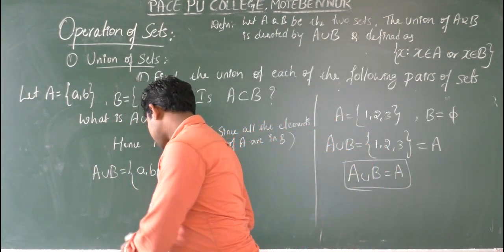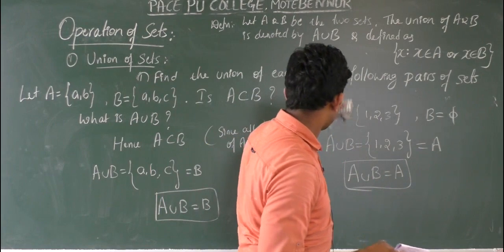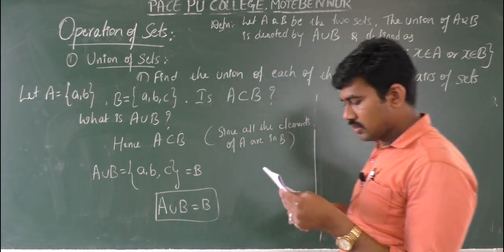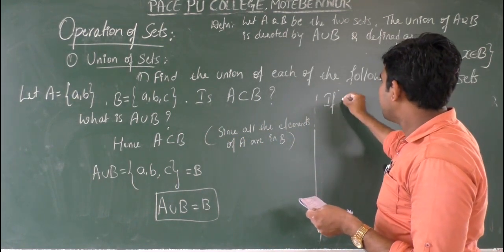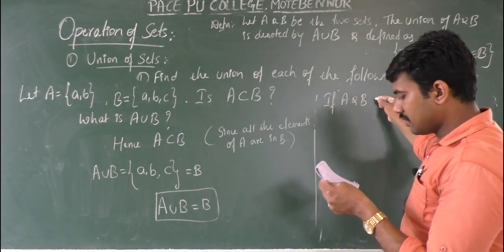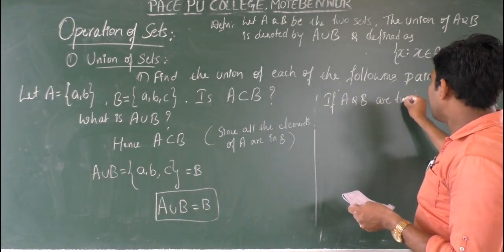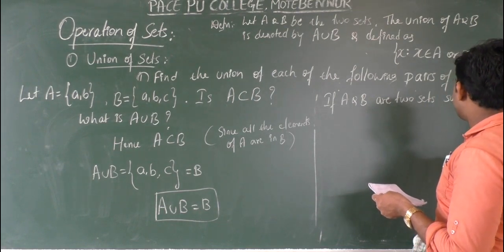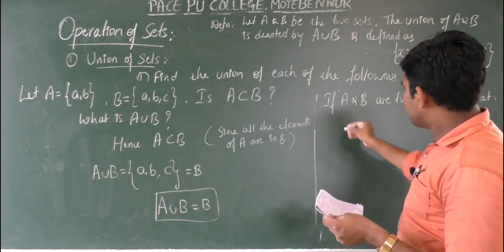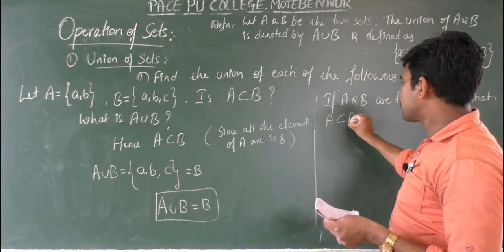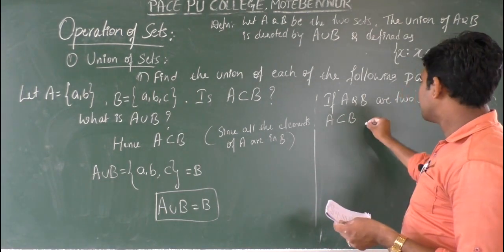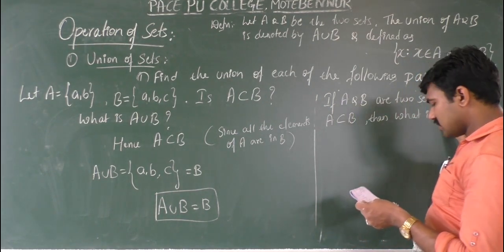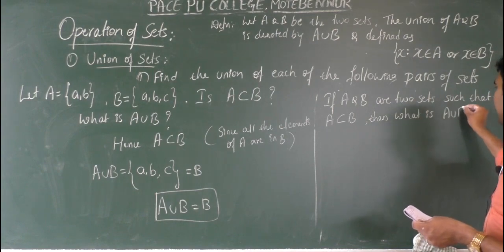Next question. If A and B are two sets such that A is a subset of B, then what is A union B?